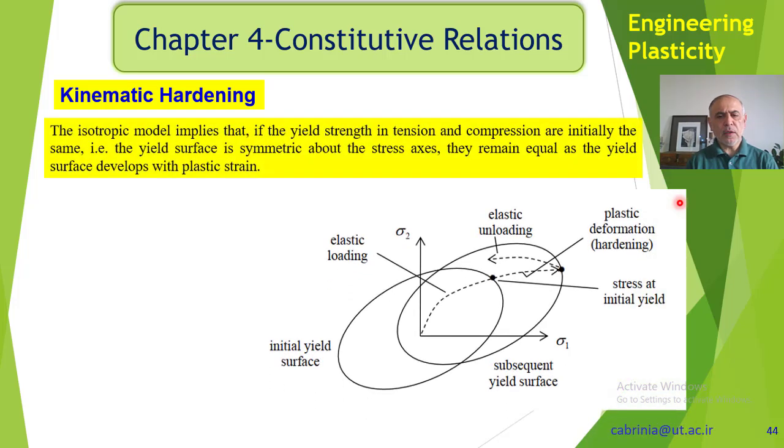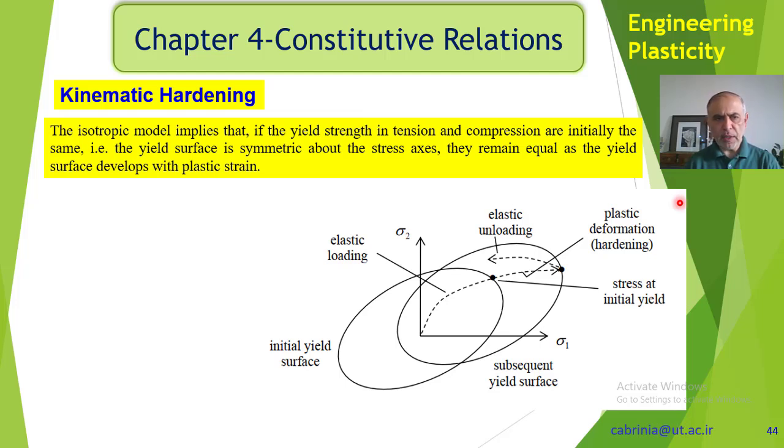So another kind of hardening rule is called kinematic hardening. As the name implies, in the isotropic model, the yield strengths in tension and compression are initially the same, isotropic. It means that the yield surface is symmetric about the stress axis.